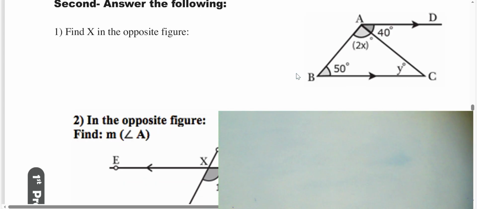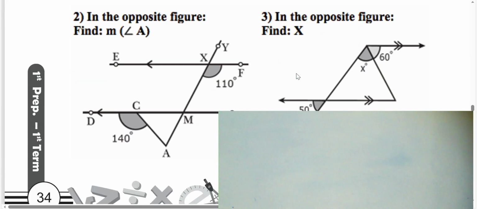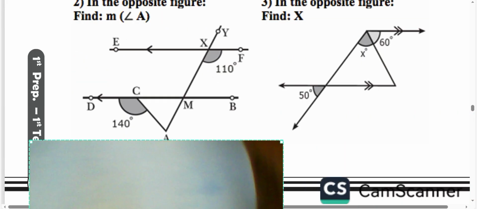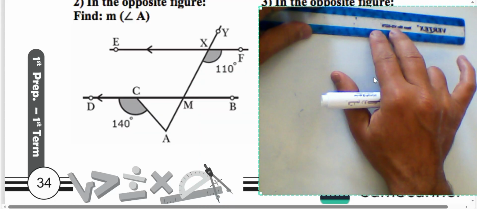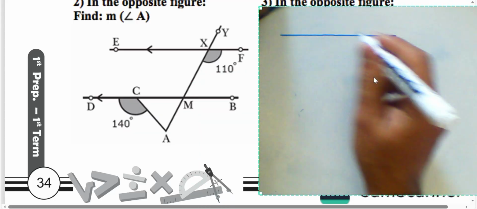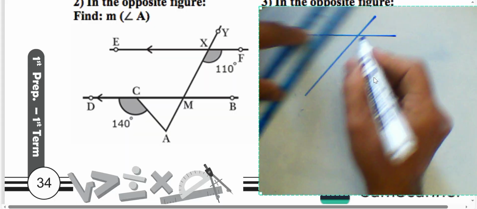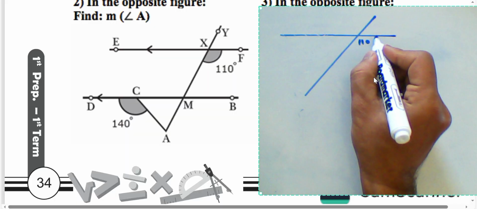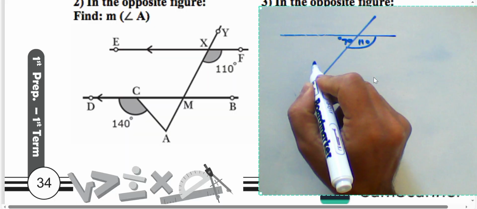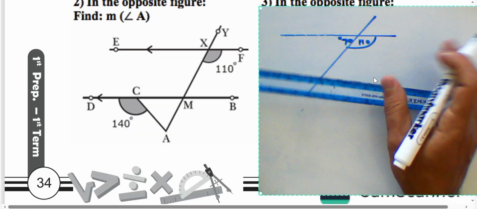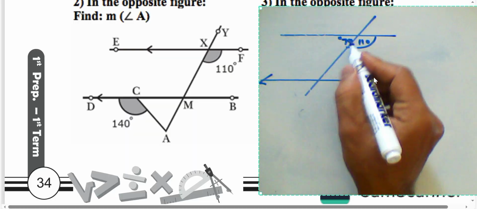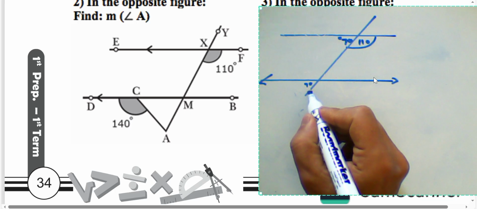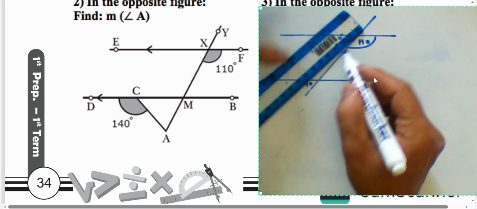Next question. Number 2, in the opposite figure, you want to find the measure of angle A down here. First, we have angle 110 here. Then the supplementary angle will be 70 degrees here. And second, we have a straight line parallel to the upper straight line. They are parallel, so this angle will be 70 degrees. We call it corresponding angles, 70 and 70.